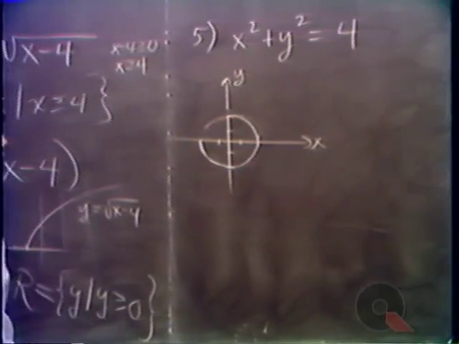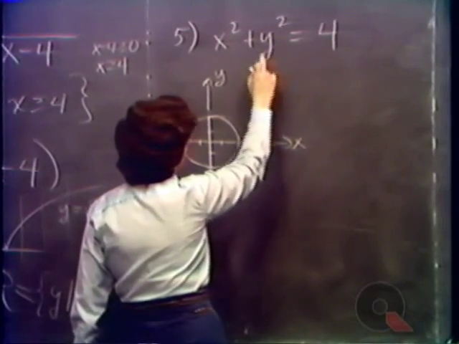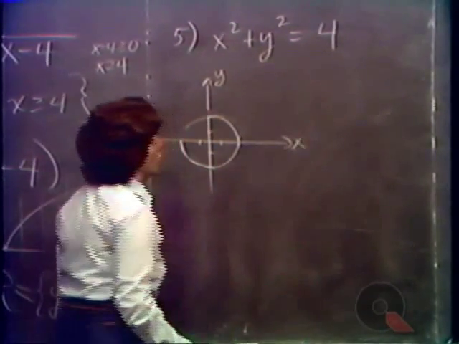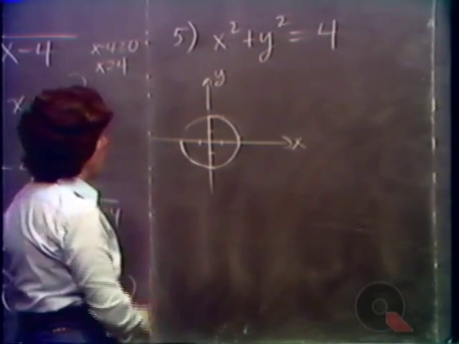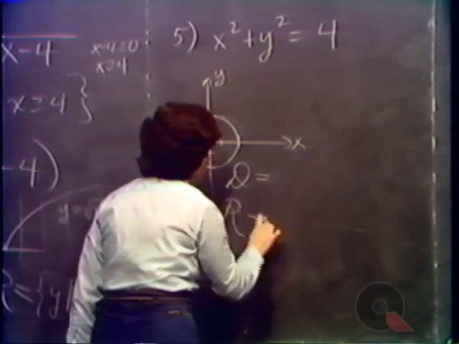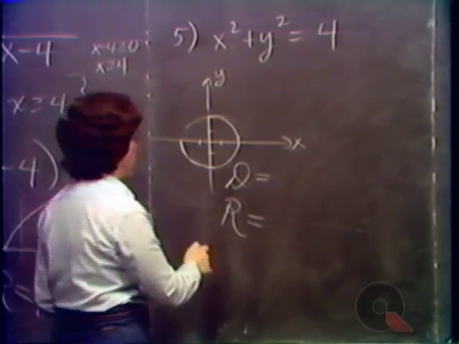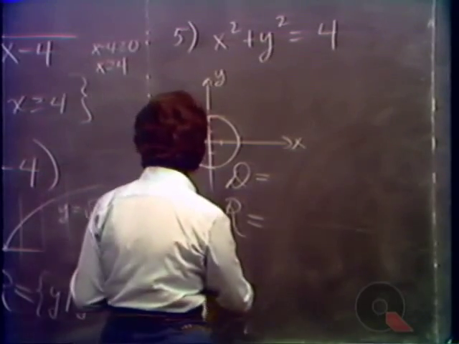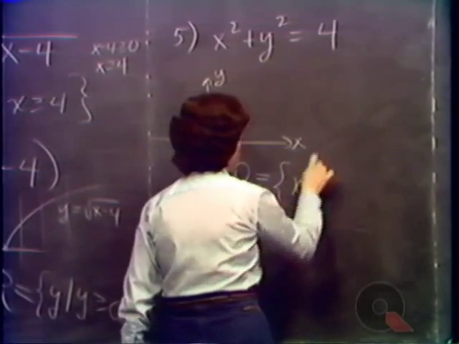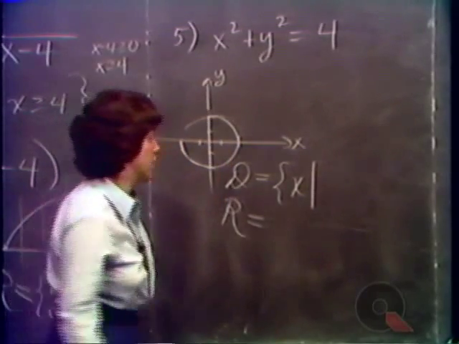Okay, now you could get the domain by actually trying, in other words, to solve for y. y would be plus or minus the square root of 4 minus x squared, or you could get it from the picture here, the domain and the range. In this case, when the pictures become a little more complicated, it's a little easier just to get it from the picture. The domain would be the set of all x values between minus 2 and plus 2.